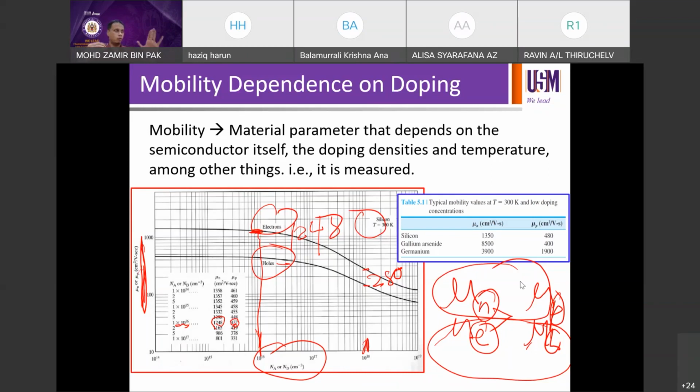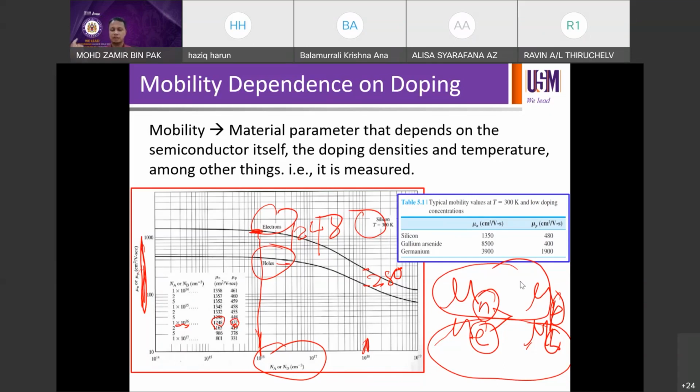So when they are trying to move within the lattice, they experience more and more collisions due to the presence of impurities in the lattice. That's the very reason why we see 4.5 times reduction in the electron mobility when you increase doping level from 10 to the 16 to 10 to the 18.